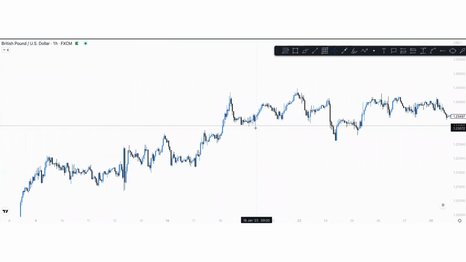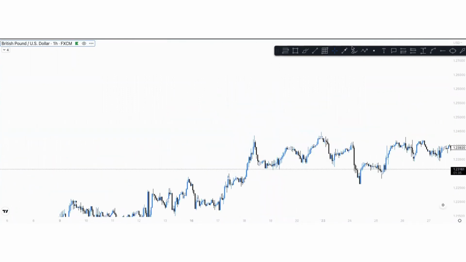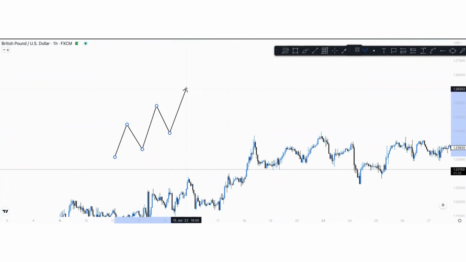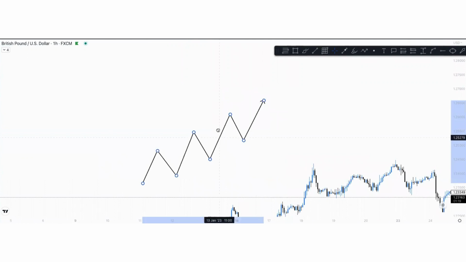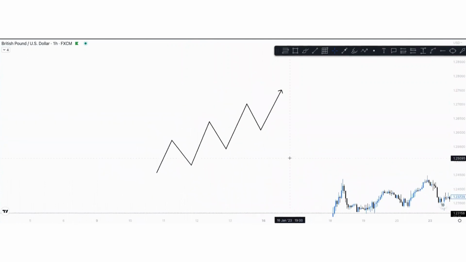So when we say a bullish order flow, it goes like this. The price is going up, having a pullback, and then creating a new high, pullback again, and so on. When we are in a bullish trend, usually a demand zone is created.